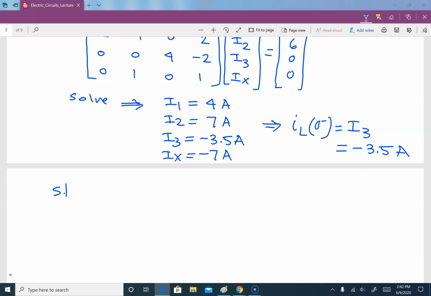Step number 3. We said that we draw the circuit after switch action.